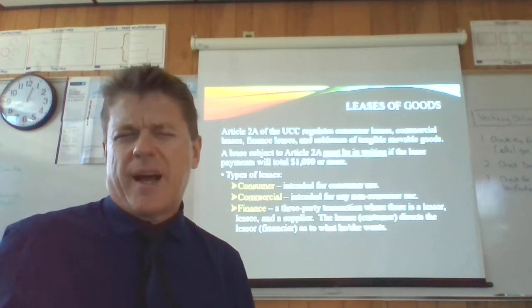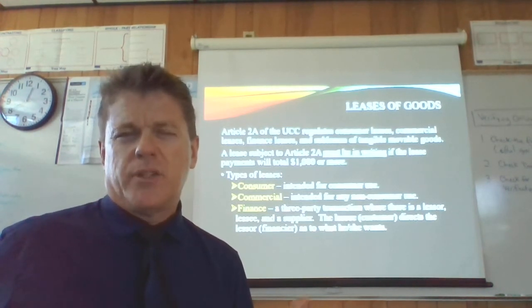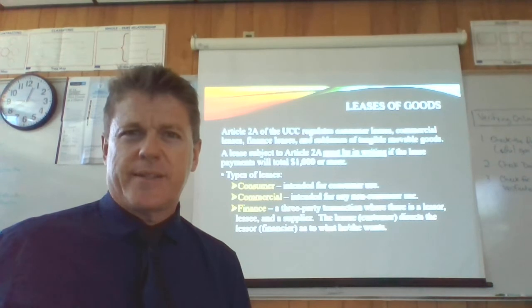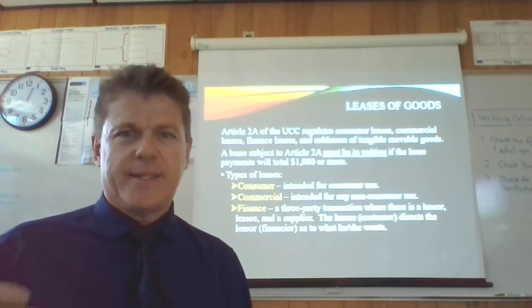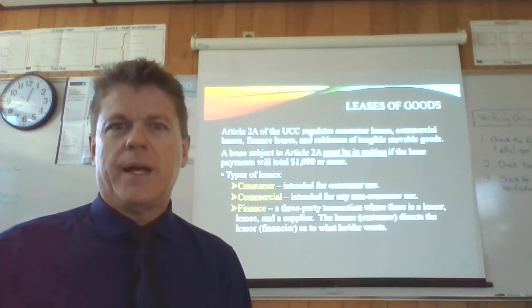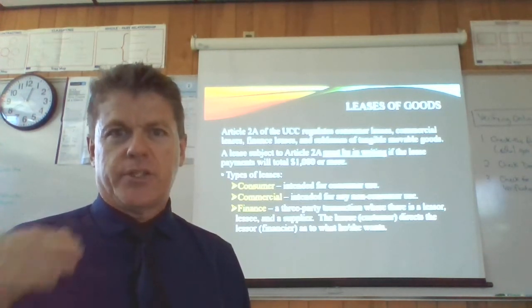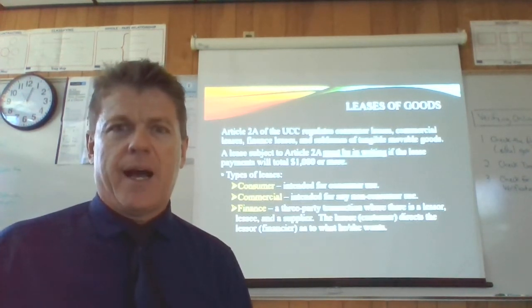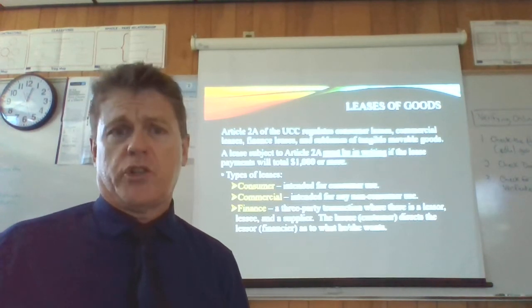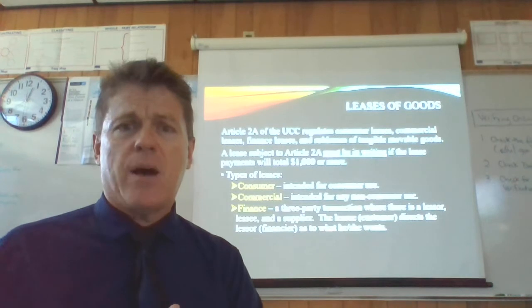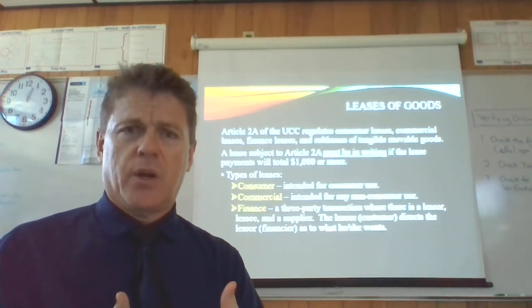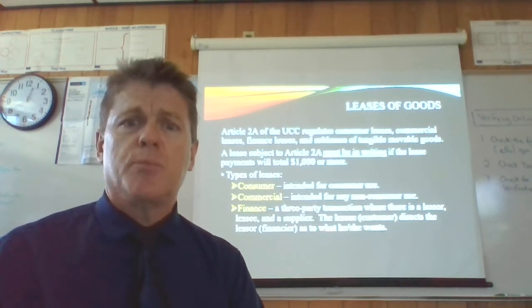There are a few different types of leases that can come under 2A. So there are consumer leases. That's any type of lease designed for an individual, not another business. So if I go to Ace Hardware and I lease, let's say, a pressure washer so that I can clean my driveway or the side of my house, that is going to be a consumer lease.